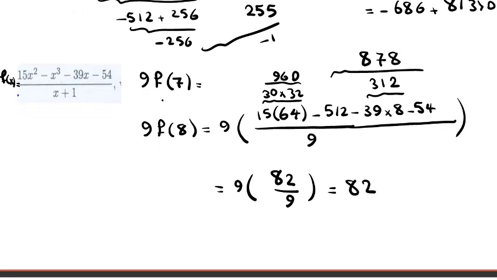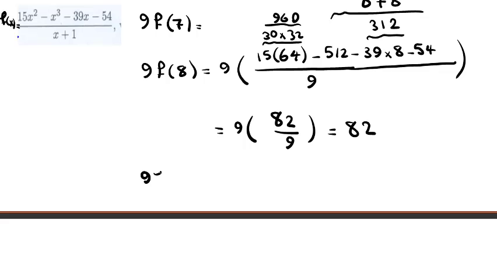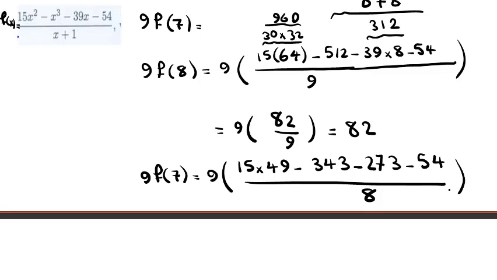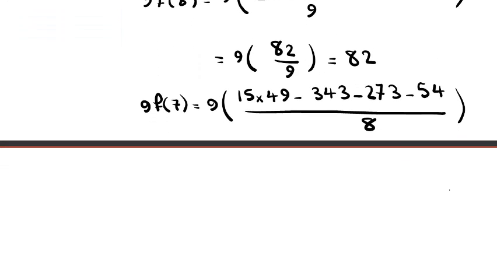Now, if we check for f of 7, for 9 f of 7, you can say, okay, 9 times 15 times 49 minus 7 cubed, which will be 49 times 7, which will be 343. Minus 39 times 7, 7 times 9, 63. We have 6, 7 times 321 plus 627. Minus 54. And we add by 8. So here, it will be 9, this one.